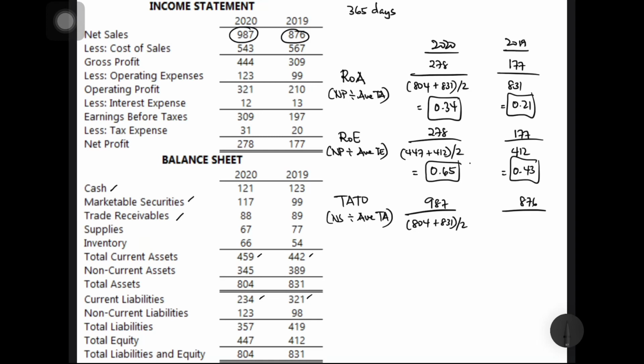Then here you just write 831. This is 1.21, and then finally this is 1.05.